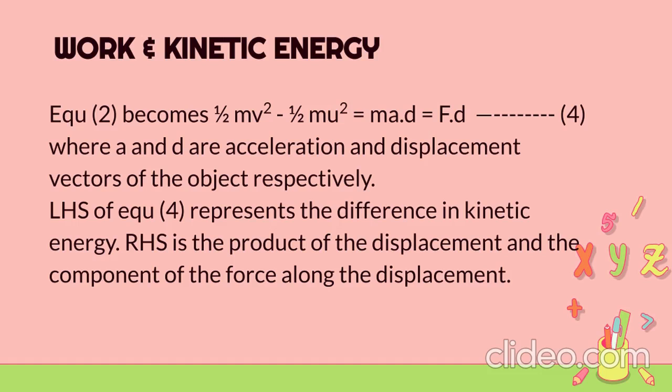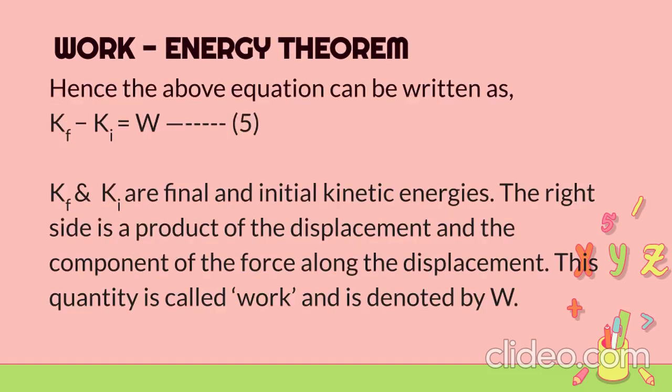Now this is a very interesting equation because the left hand side gives us the difference in the kinetic energies and the right hand side is the product of displacement and the component of the force along the displacement, which is otherwise called work.